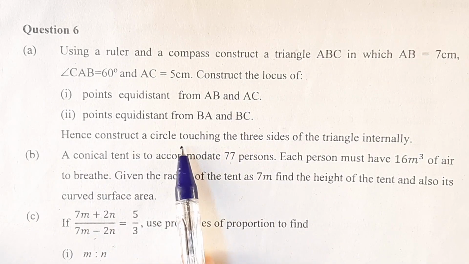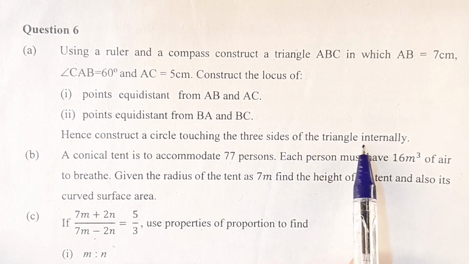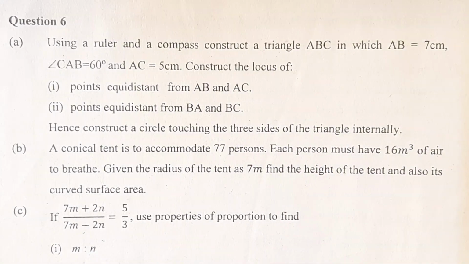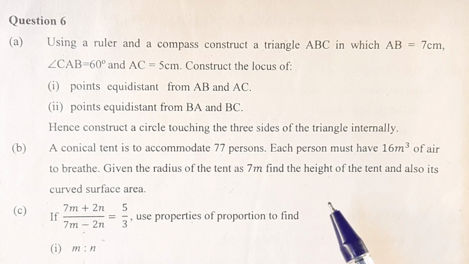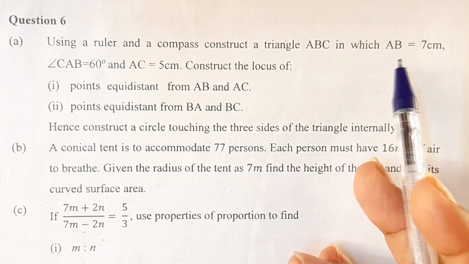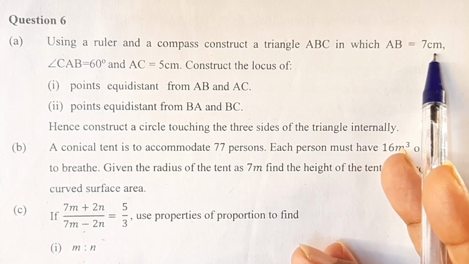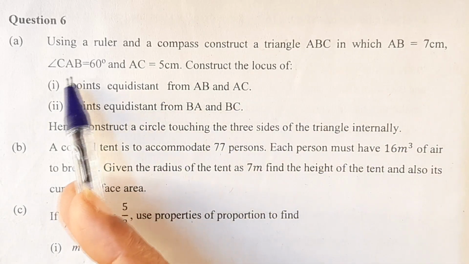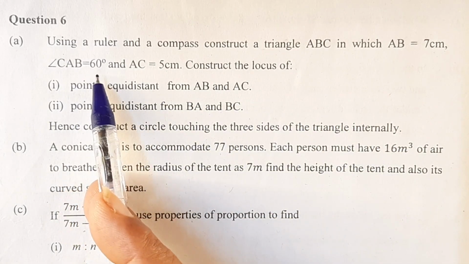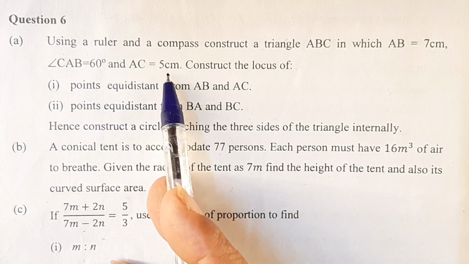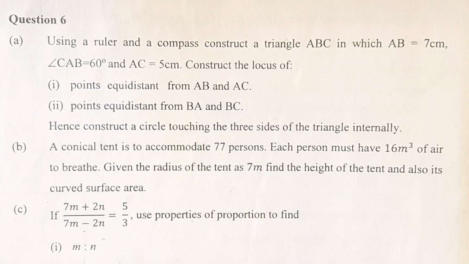Hence, construct a circle touching the 3 sides of the triangle internally. So in order to solve this question, we should take one of the sides as the base. I can take AB 7 cm as the base, and then angle CAB I can construct 60 degrees and then AC as 5 cm. Let's see how we do it.